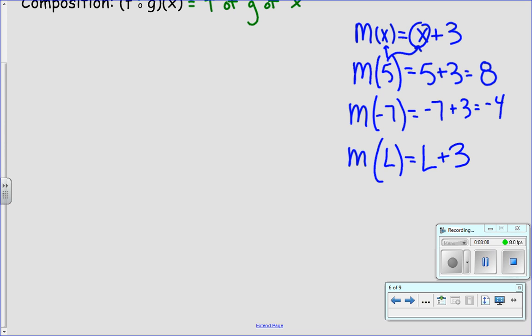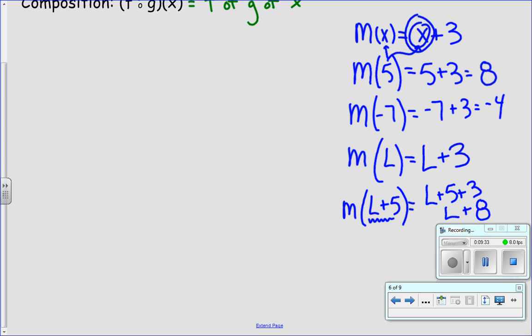Now, if it's not a number, it's not a variable or a letter, but it's both. What if I have m of L plus 5? Well, this all still goes in for my x. L plus 5 plus 3, and that's L plus 8.